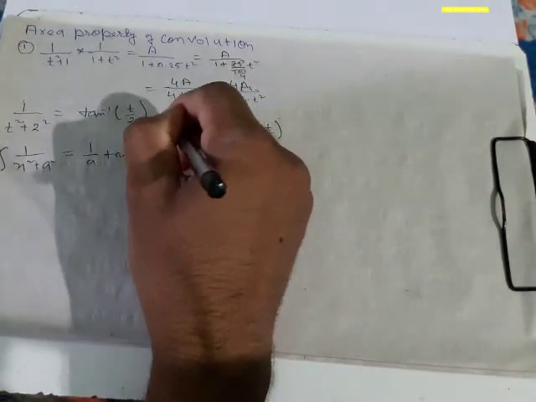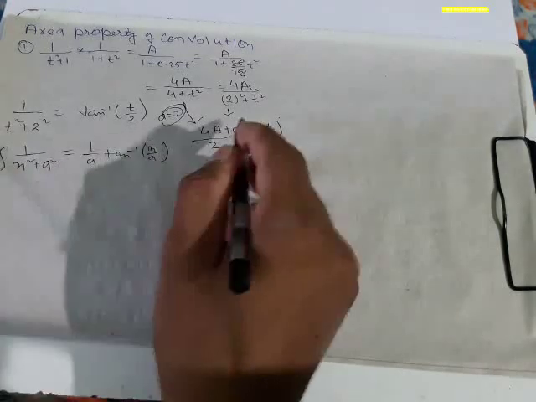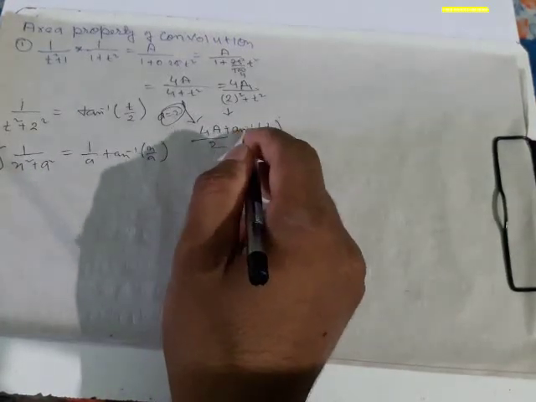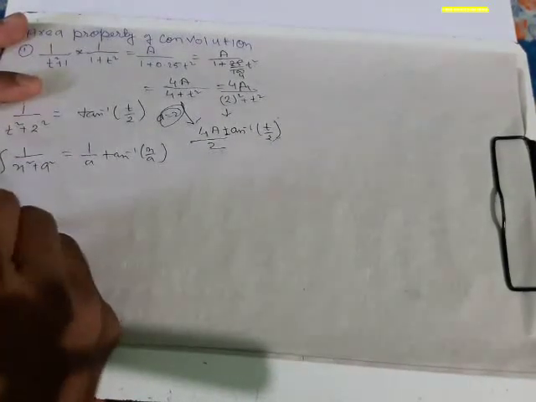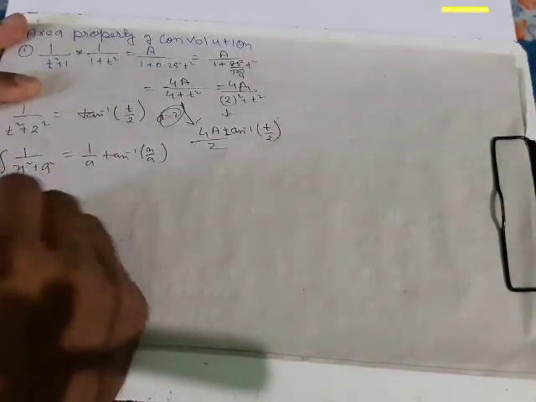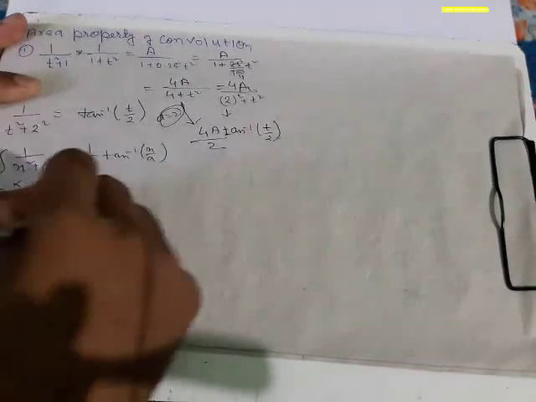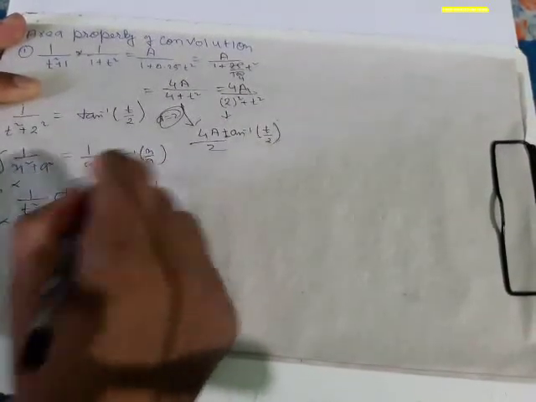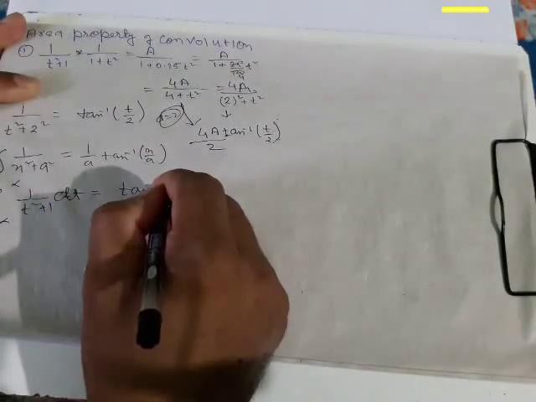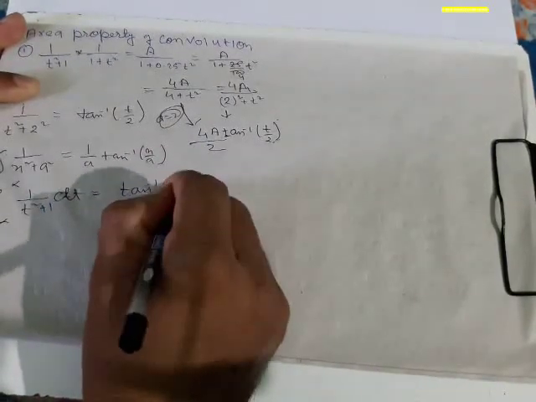So that is nothing but, at 90 degrees, it is pi by 2 plus pi by 2, that is called pi.